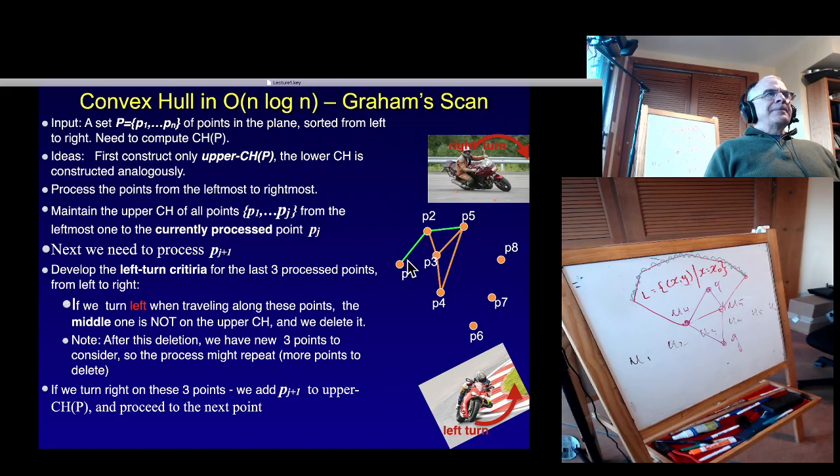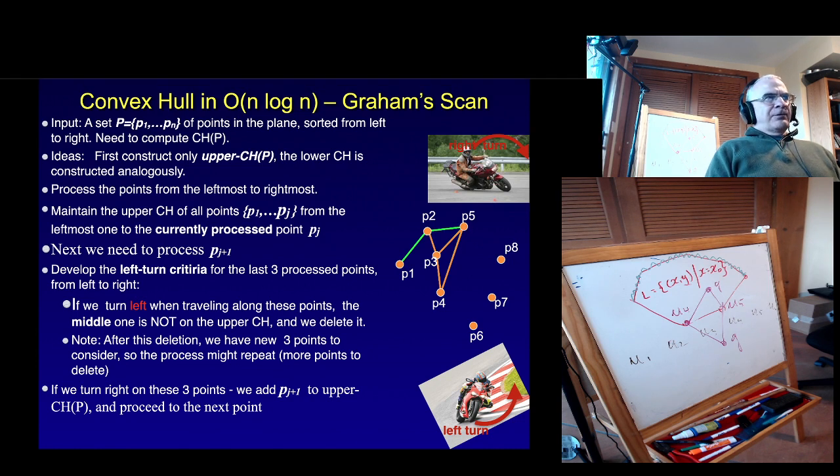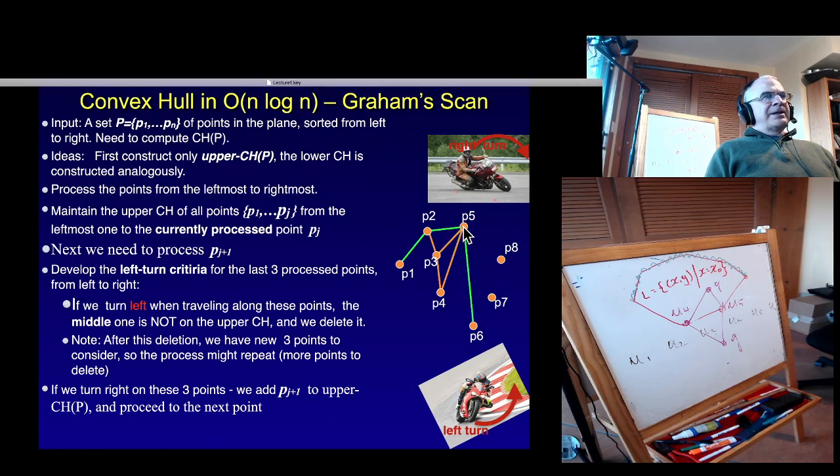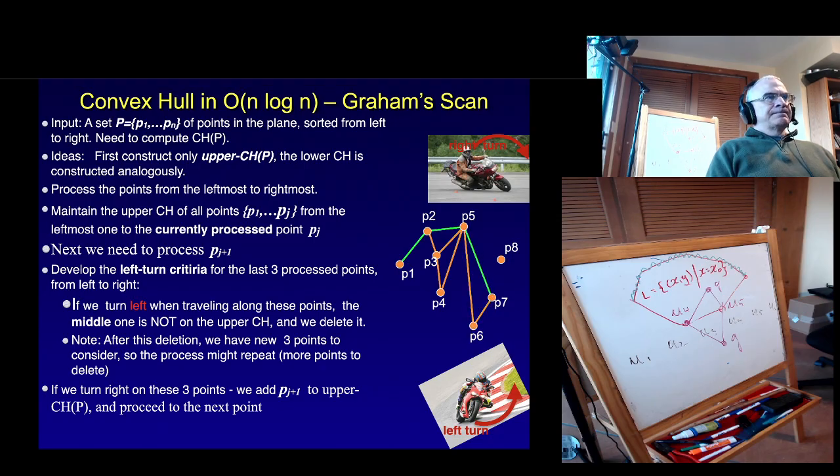Finishing with this example, at P2 turning right, at P5 turning right, the next point to be inserted, going from left to right, is P6, meaning at P5 I turn right, safe to continue. From P6 to P7, oops, turn left, P6 should not be there. Let's delete it.